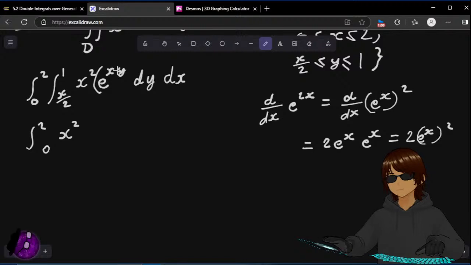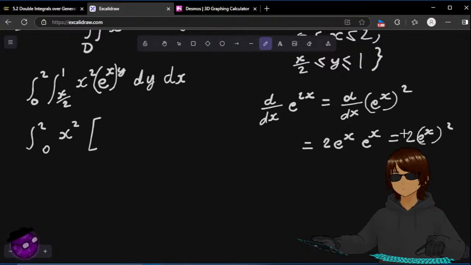Similarly, we have this to the power of y. Wait, and then we divide.